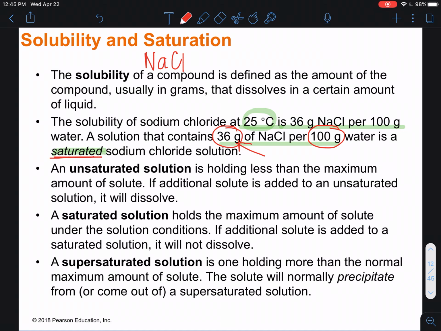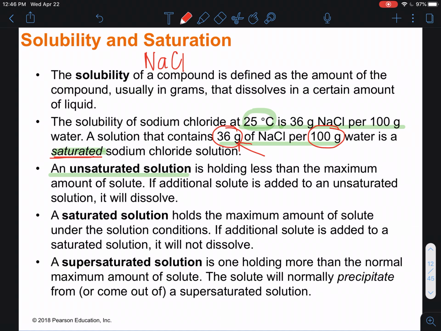When we talk about the solubility of something, sometimes we talk about it the way we just described sodium chloride, where 36 grams can dissolve in 100 grams of water. After 36 grams, the solution is considered saturated. If it's under 36 grams, it's considered unsaturated.